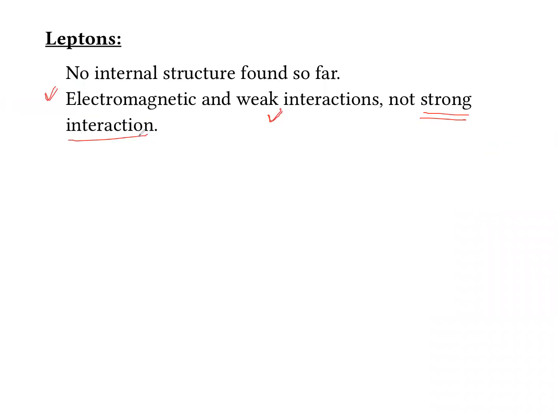Of course, their mass is very small, so gravity is not the question; it does not make any sense there. So the leptons interact via the electromagnetic force because of the charge and the weak force, but there is no strong interaction. Strong interaction happens only between the quarks. Now let's go to the leptons.